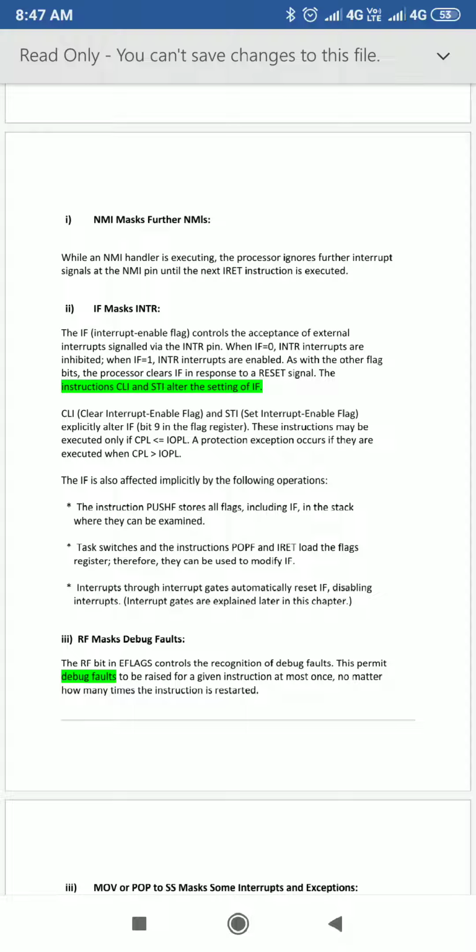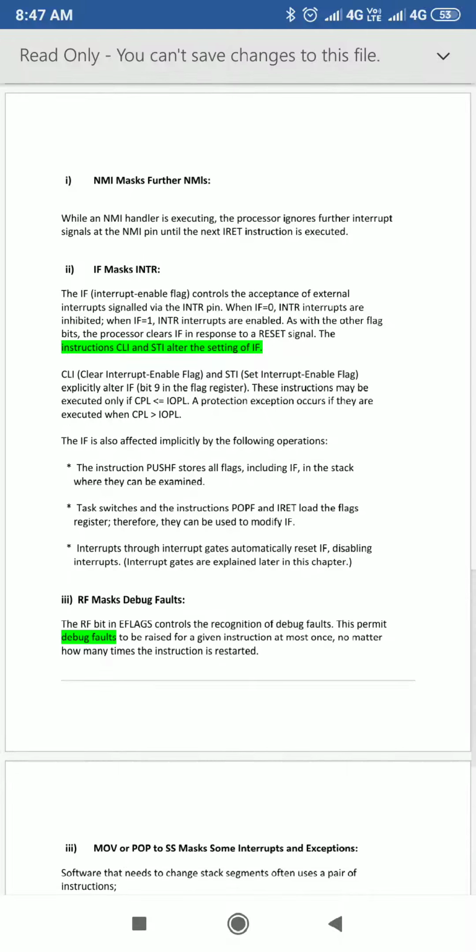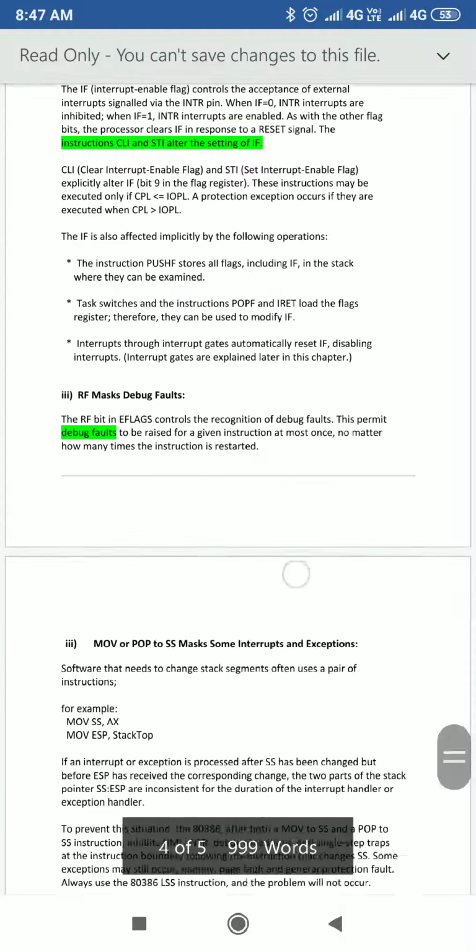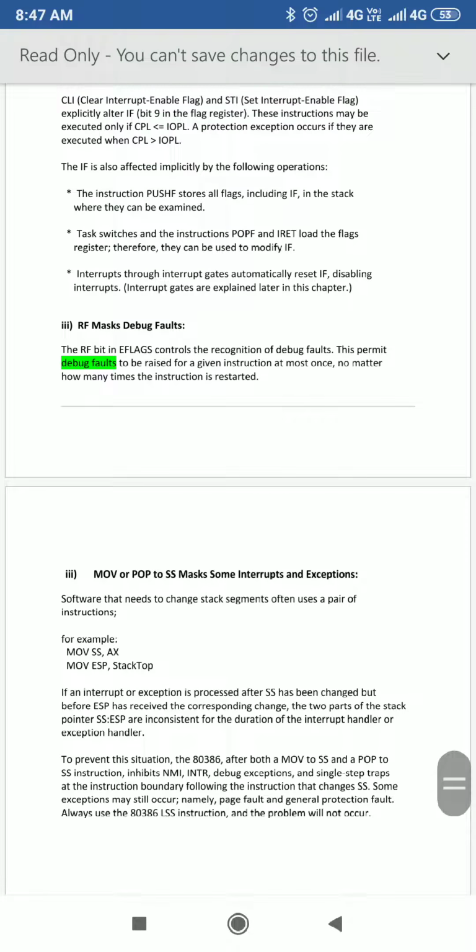Now the last condition is MOV or POP to SS masks interrupt and exception. For example, instructions like MOV SS, accumulator, and MOV ESP, stack pointer, and stack POP. These are used for modifying the stack segment.